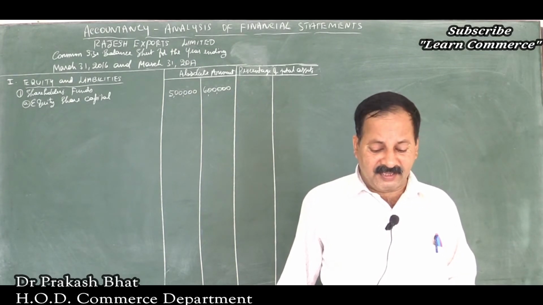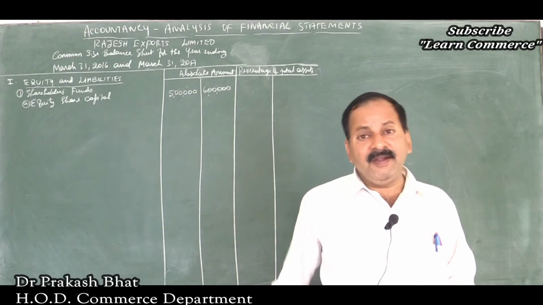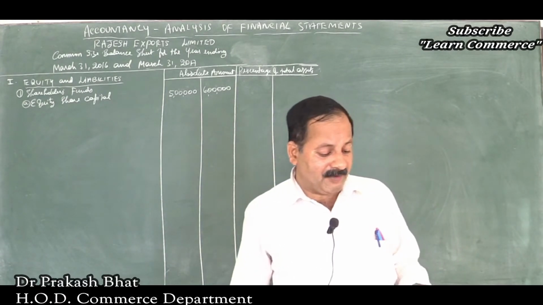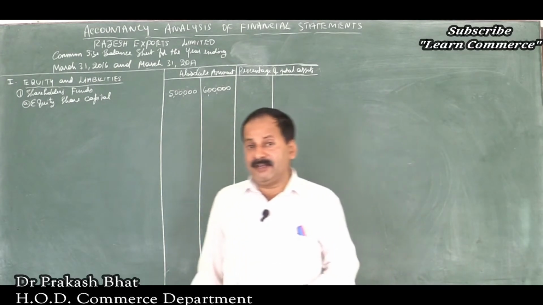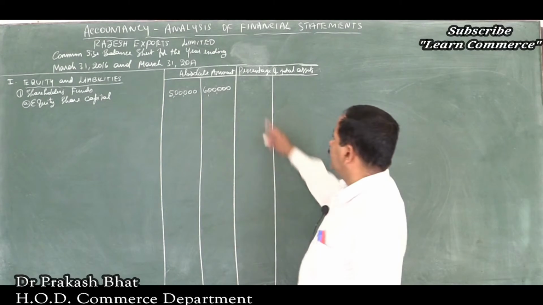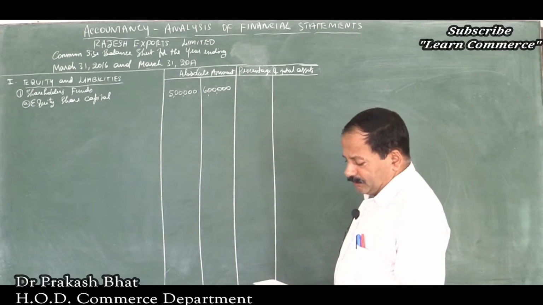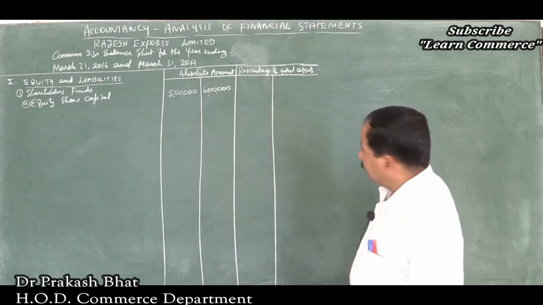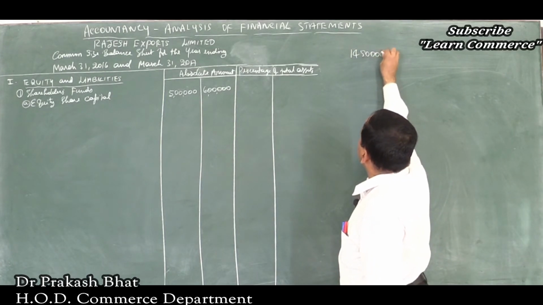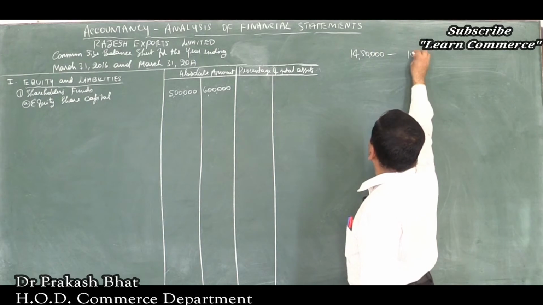Both will be taken as 100. Then we will derive the percentage of each of these items like equity share capital, reserves and surplus, that will be calculated. Clear? So here, during first year, the total of assets is how much? 14 lakh 50,000. So we will take it as 14 lakh 50,000 is equal to 100.